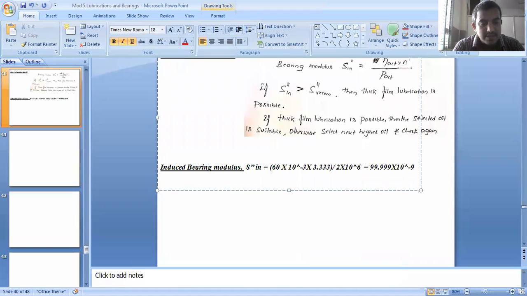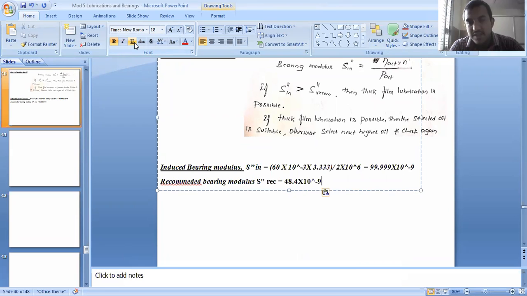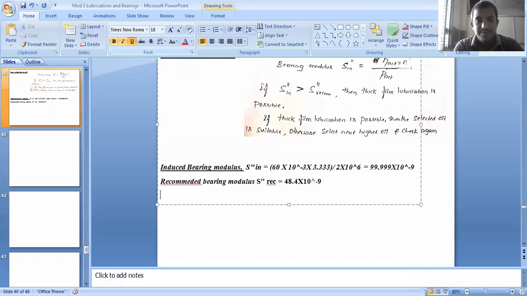So what is the recommended value? The recommended bearing modulus is obtained from the first step: 48.4 into 10 to the power of -9. Now how do you check? What is the condition for check?